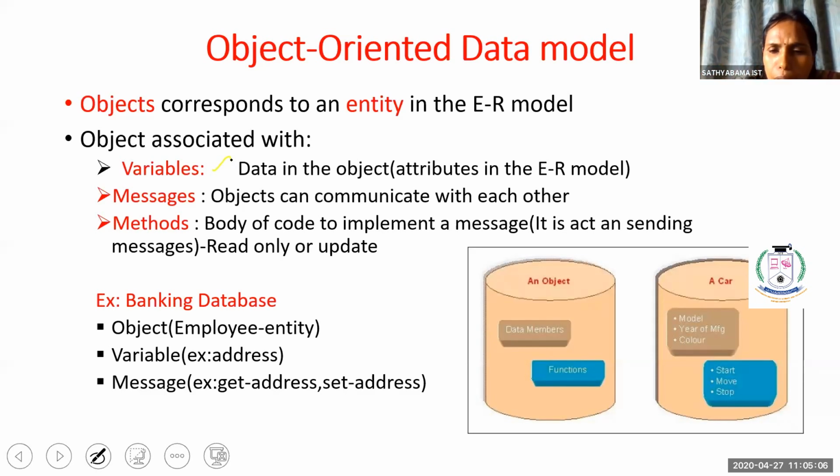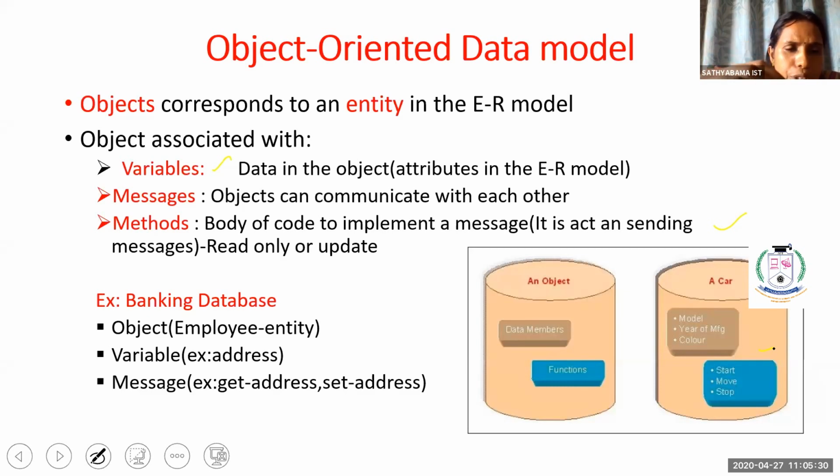See for this example in this diagram, a car is one of the objects. The car has the number of seats as well as the brake lever. These are all the attributes of the car. And start, move, stop, these are the methods, the implementation present in your object.